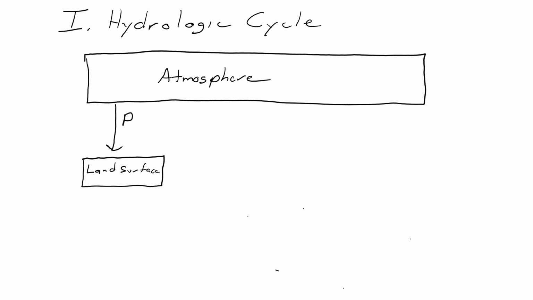Where else could it land? Where's it likely to land? Most likely, percentage-wise, the oceans, okay? Most of the Earth's surface is covered by oceans. It's most likely to land in the ocean. Rain onto the ocean is also precipitation.